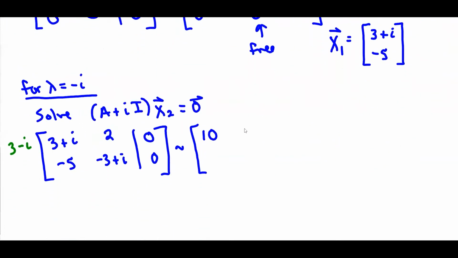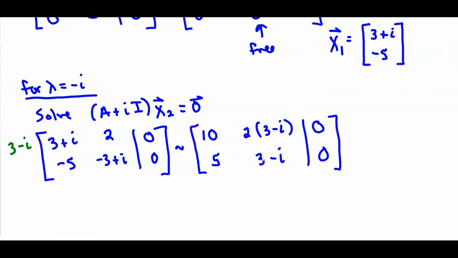All right, then I have 2 times 3 minus i. On the bottom, let's multiply by -1. And again, you can see that the first row is 2 times the second row. So this is going to reduce in a similar way that the last one did.